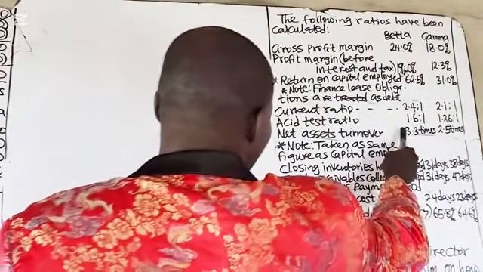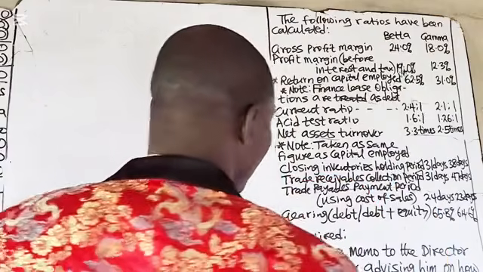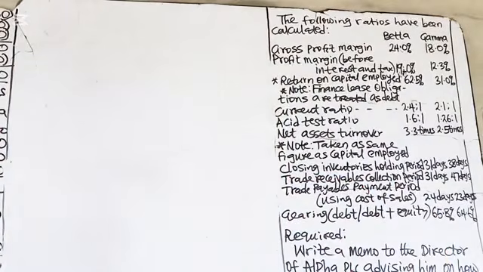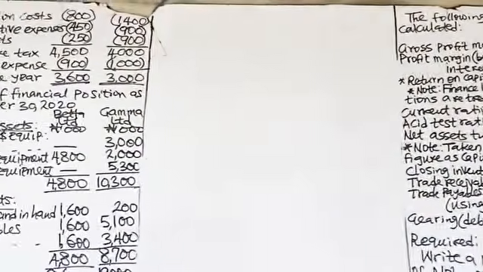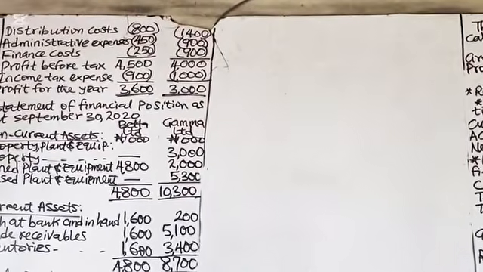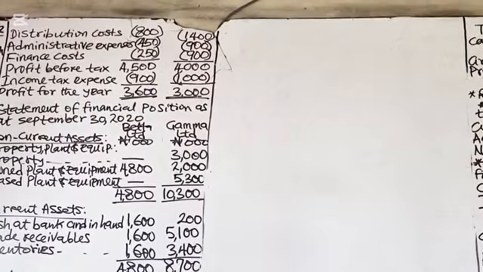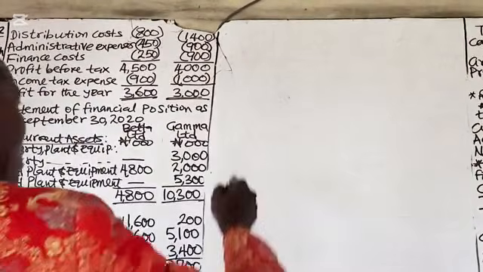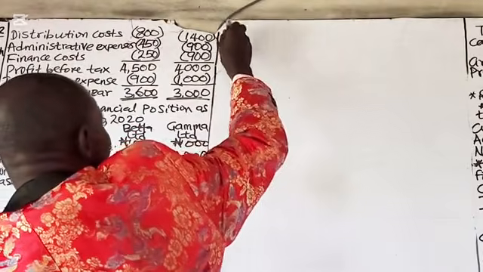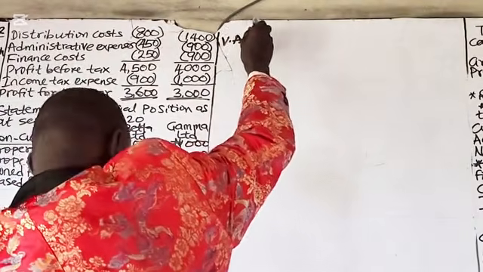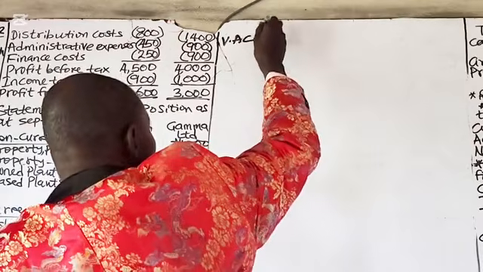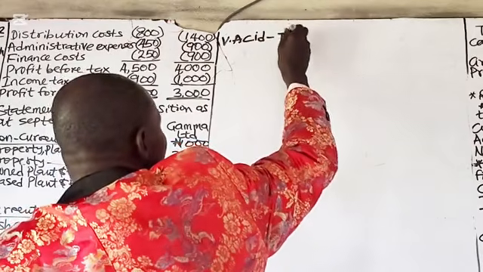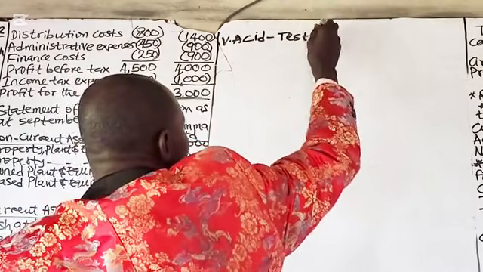We have a ratio of 1.6 to 1 for Beta and 1.26 to 1 for Gamma Limited. So what can we say about that? Number 5, acid test ratio.